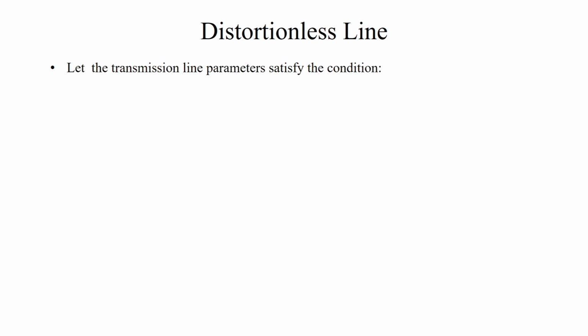So, let us assume that the transmission line parameters we have designed in such a way that they satisfy the condition R by L is equal to G by C. So, we have designed the transmission line to satisfy this requirement.